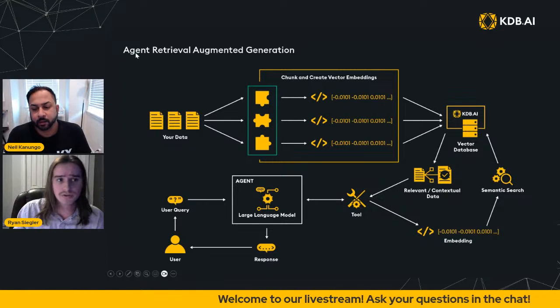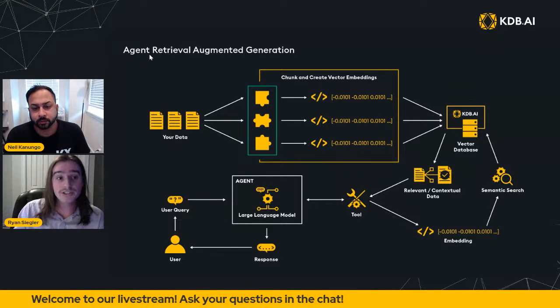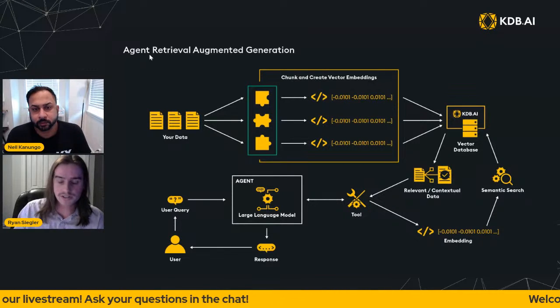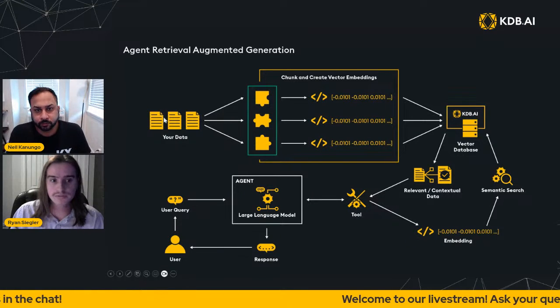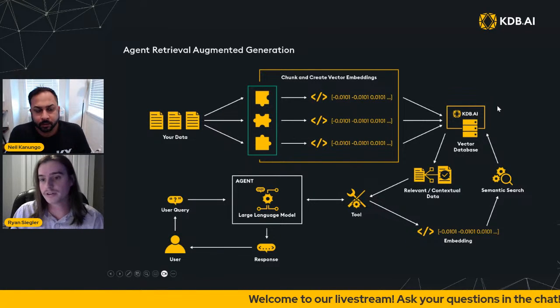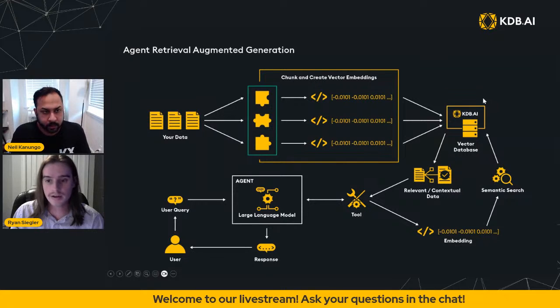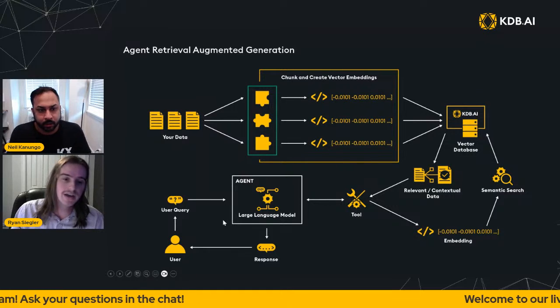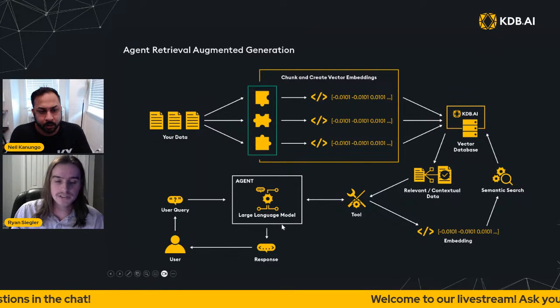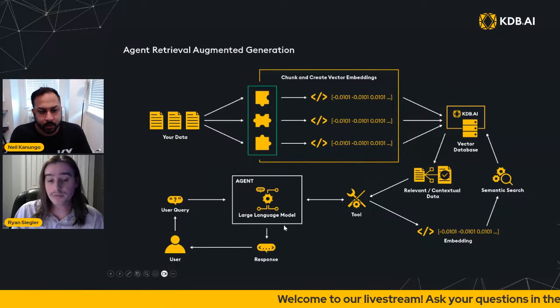And this brings us to our next method, and that's using agents to assist this RAG process. So we see at the top, it's a similar process. We're ingesting, chunking, and embedding our data, storing it in KDB AI, our vector database. But the main difference here is we're adding an agent. And you can think about an agent as sort of like a wrapper around your large language model.